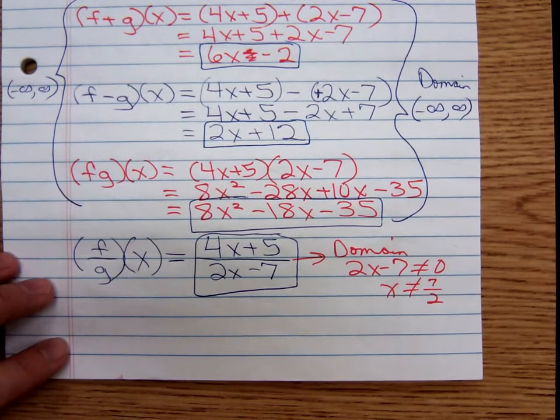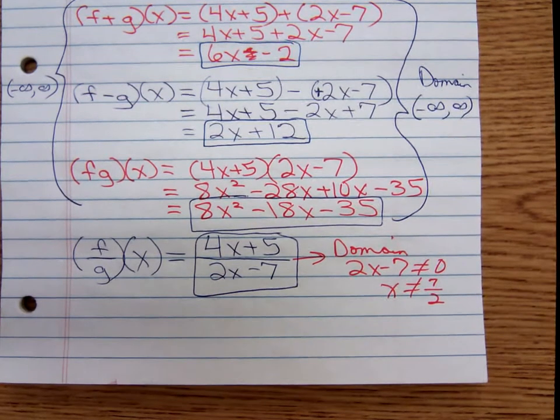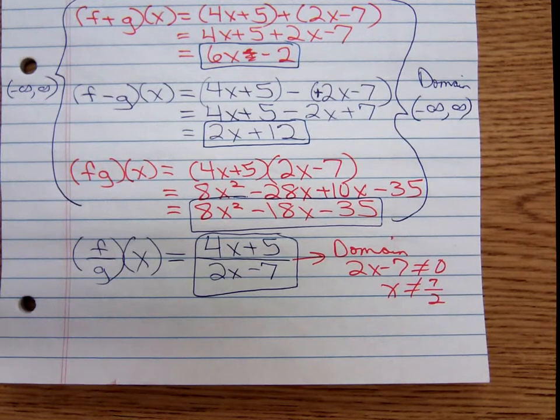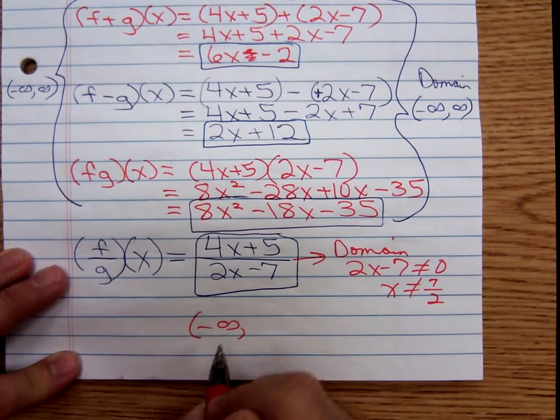And you're going to have to type that in using interval notation like we did in the homework 1 week ago, when we were finding domains. How are we going to type that in? We're saying x can be anything except for 7 halves. Okay, negative infinity to 7 halves.